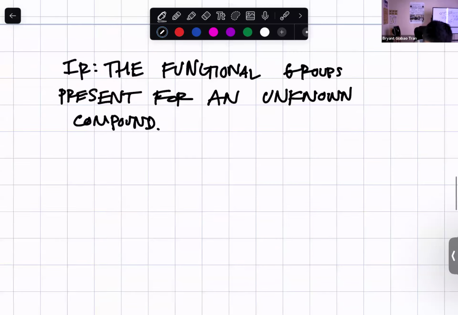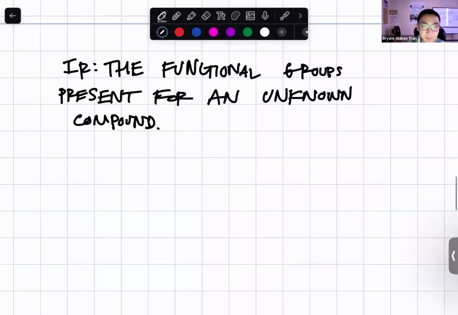And it's going to show you that by unique peaks in the graph. It could either be a broad peak or a sharp peak at a certain wavenumber, and then that's going to show you what functional group is present.